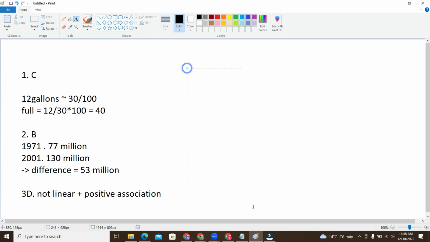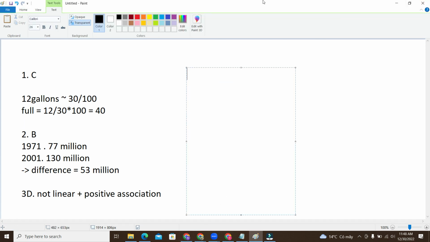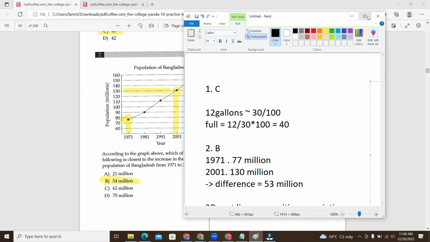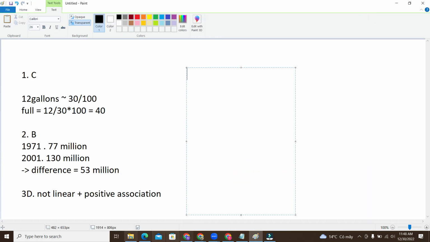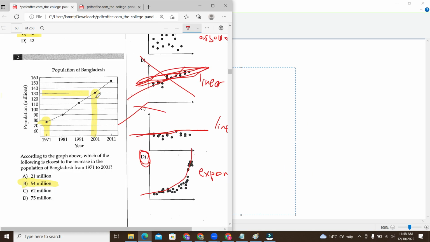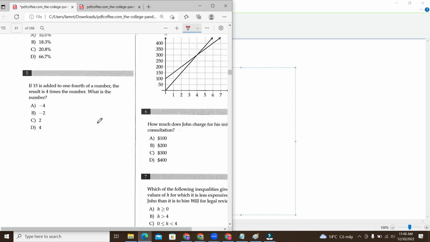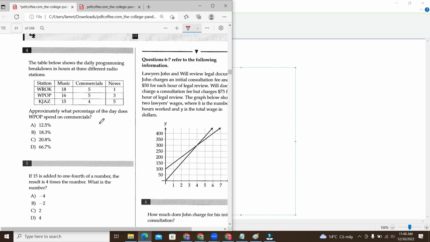Okay, let's try number 4 and number 5. So what do they ask me? Number 4. The table below shows the daily programming breakdown in hours at 3 different radio stations: WROK, WPOP, and KJIZ. Approximately what percentage of a day does WPOP spend on commercials?